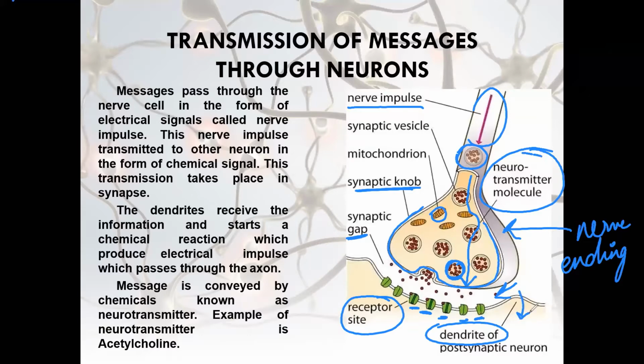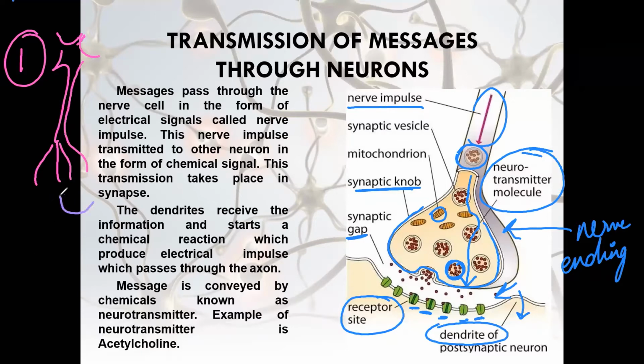Now I'll explain with a flowchart how this transmission takes place. First neuron, right? From the first neuron, the message has transferred. It has a nerve ending, and there is another neuron which is connected to the first neuron through its dendrite.